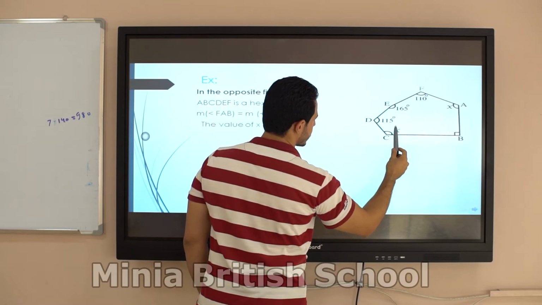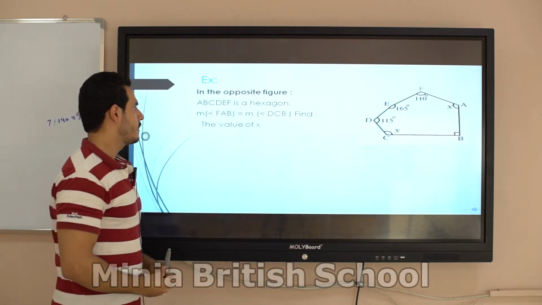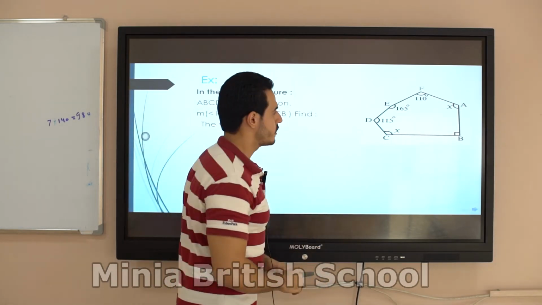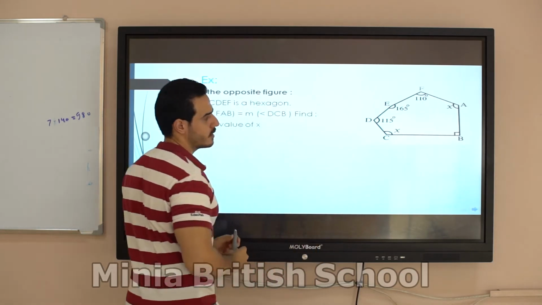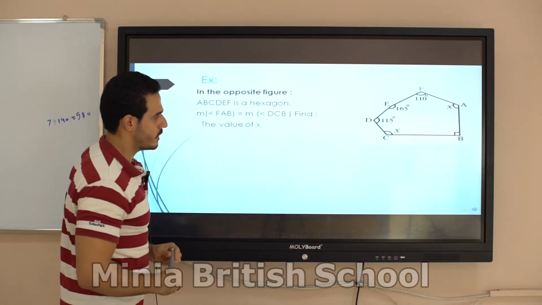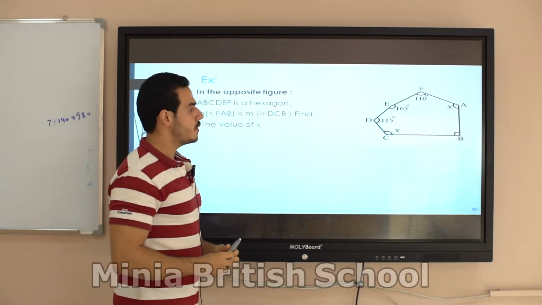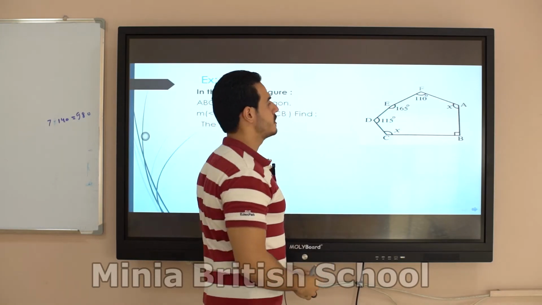So this angle and this angle are equal. Okay? Find the value of x. Find the measure of each one. Find the measure of angle A and the measure of angle C. Okay? He told me it's a hexagon. So I will find the sum of the measures of the interior angles.